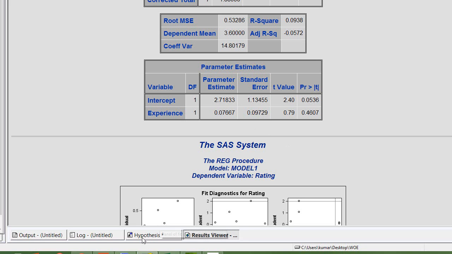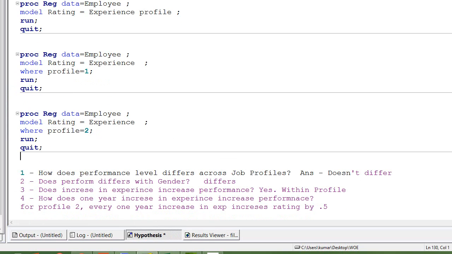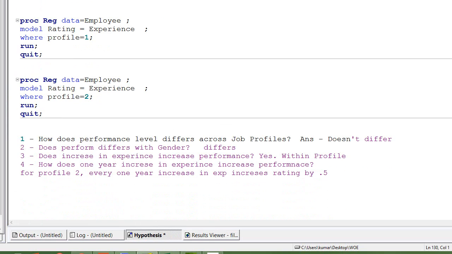So now we have got answers to all our questions. Once you have done the hypothesis testing and the linear regression analysis, we should be able to answer the 4 questions that we asked in the beginning. Remember one thing here: this study is done on sample data, and we are concluding for the population data.